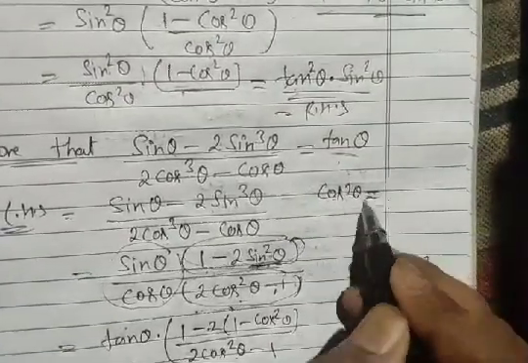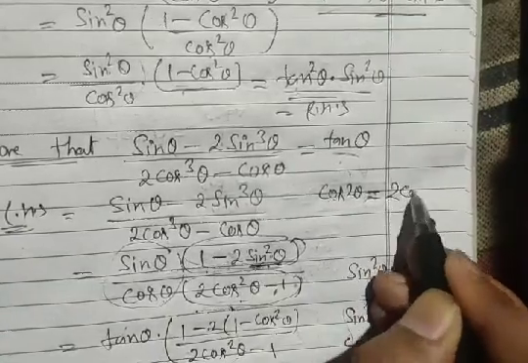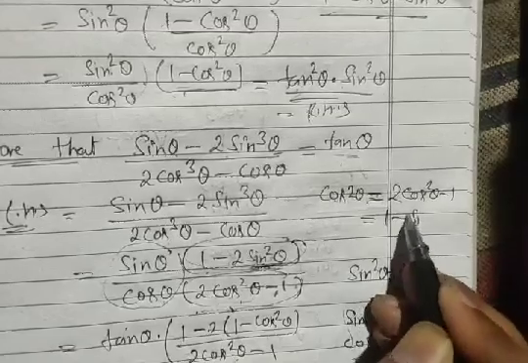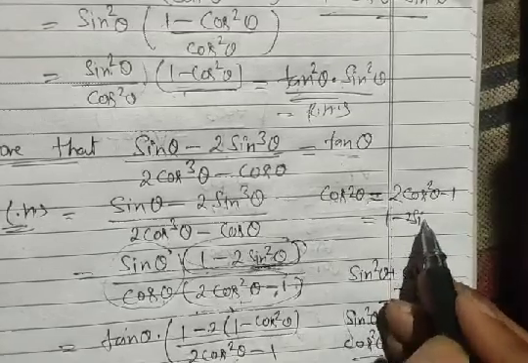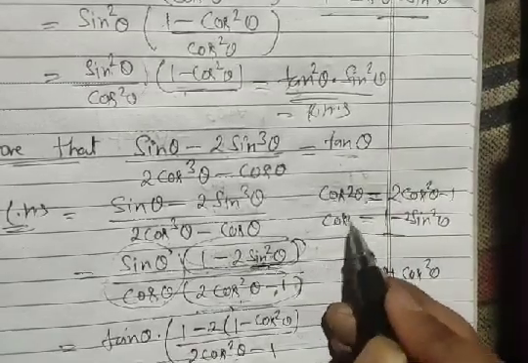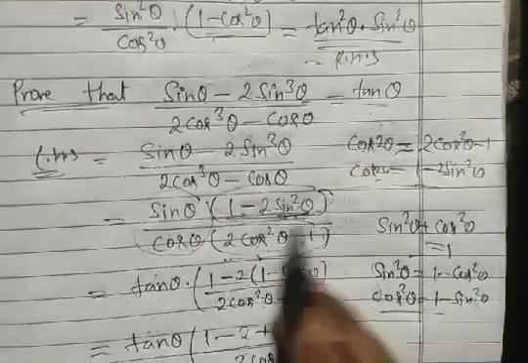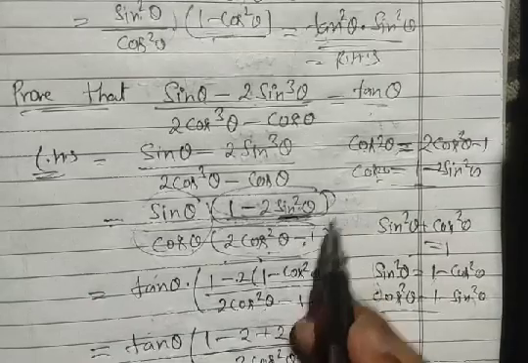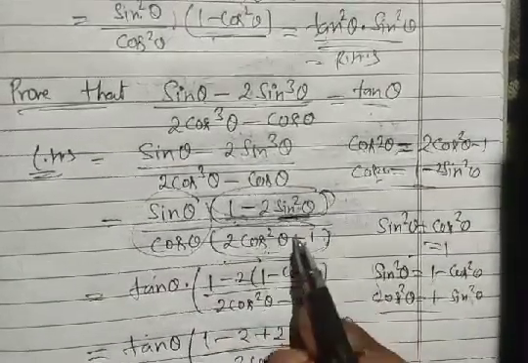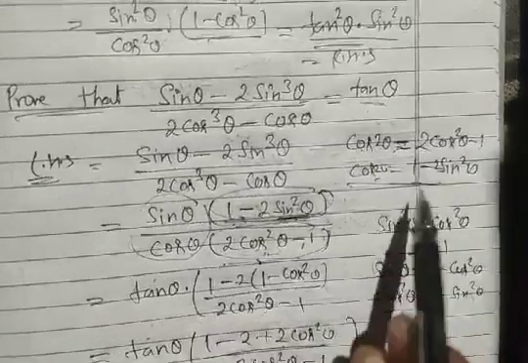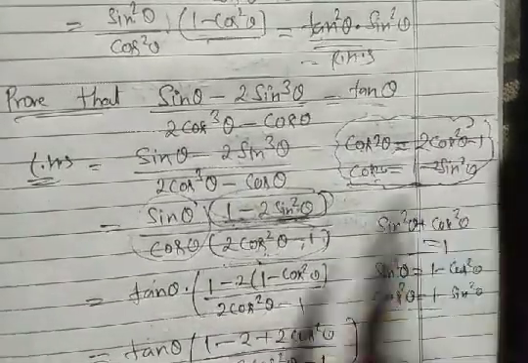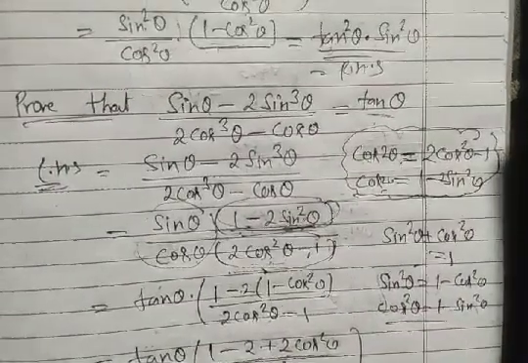The value of cos 2 theta is equal to 2 cos square theta minus 1, or it can be 1 minus 2 sin square theta. Since both represent cos 2 theta, we can also write cos 2 theta upon cos 2 theta, and we can cancel it because we have the identity. But this identity is not in your course, you can use it only for your knowledge point of view.